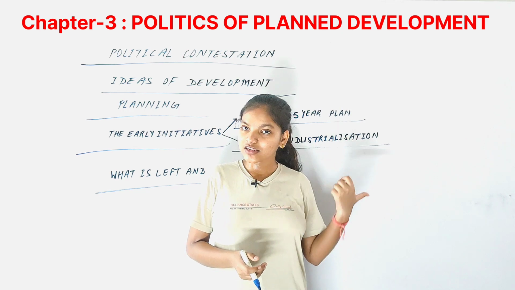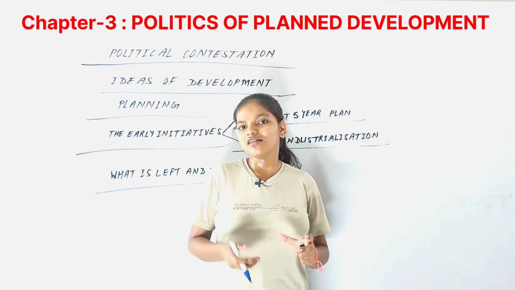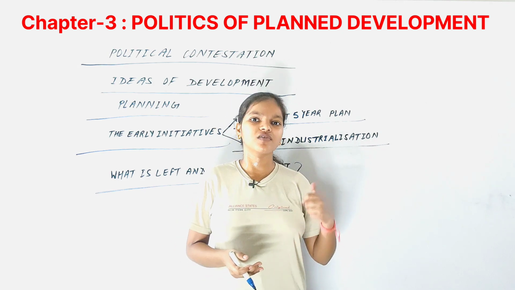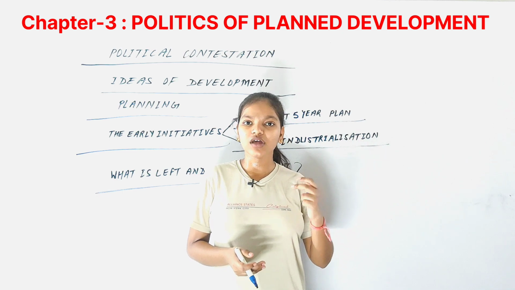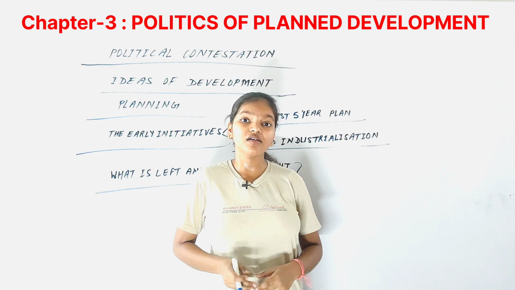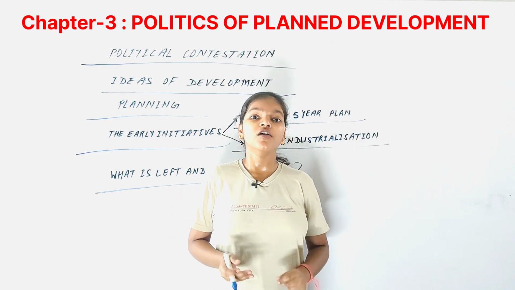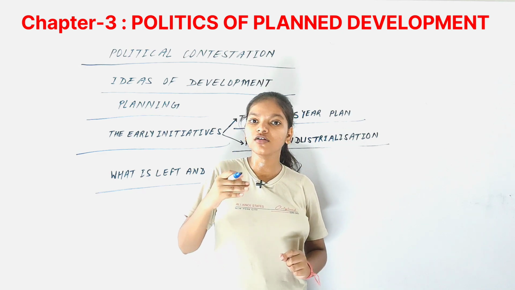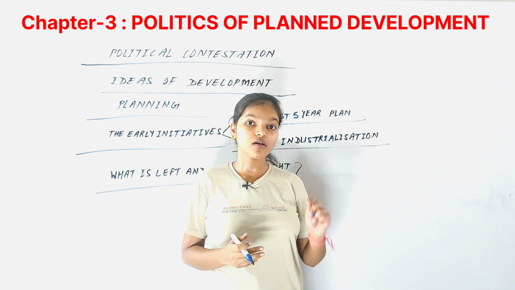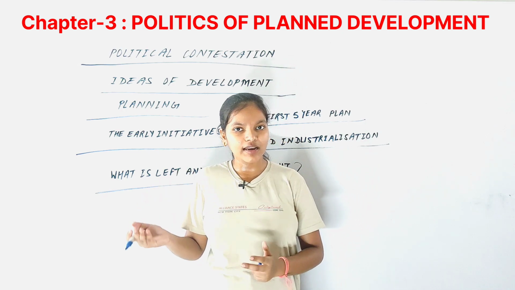And at the time of independence, at least, the INC was seen as a centrist kind of party, though it was seen as a leftist party, but we also can say it as a kind of centralist party because it was having many factions, as we already saw in the last chapter. So we can say that whenever you're talking about political groups, it also becomes important whether it is having the left ideology or the right ideology.